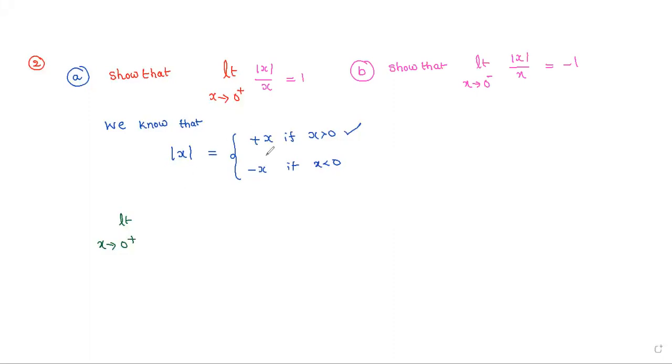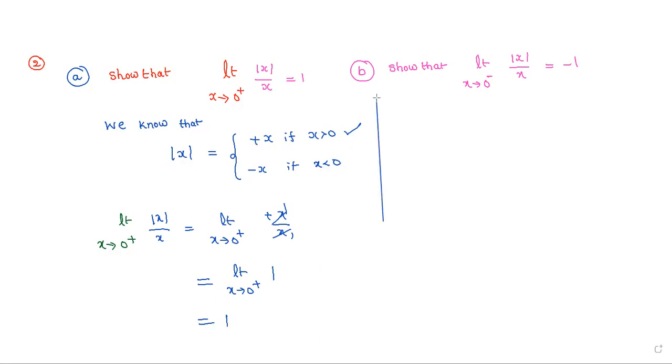We know that modulus x equals plus x if x is greater than 0 value, and minus x if x is less than 0 value. So modulus x by x, as x extends to 0 positive, means more than 0 value, plus x. Cancellation, 1 by 1 means 1. The limit as x extends to 0 plus is 1. That is the value 1.